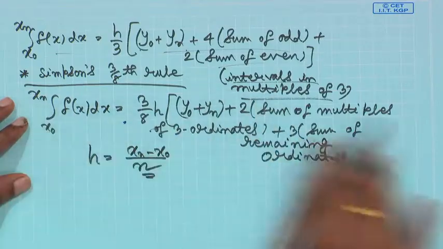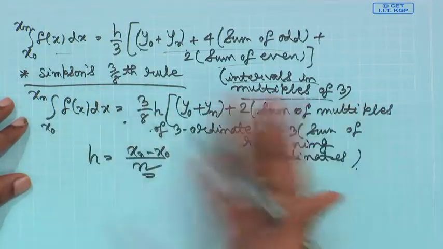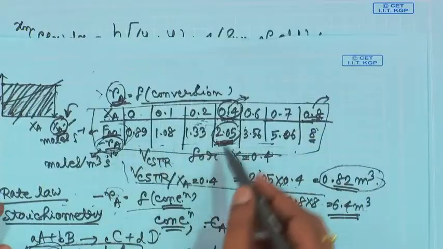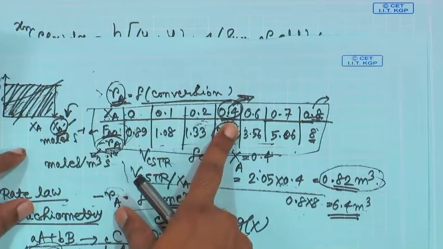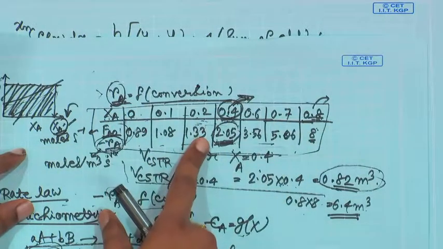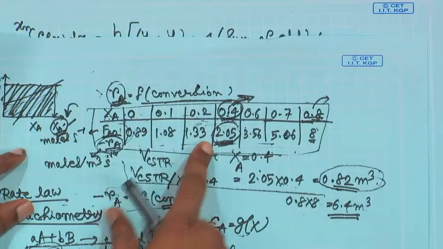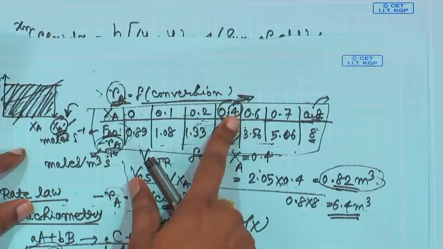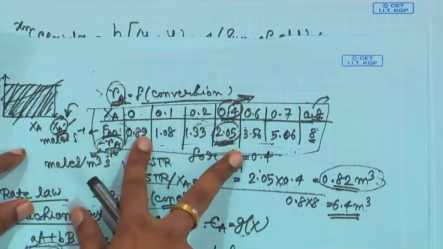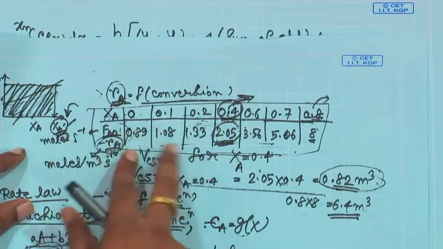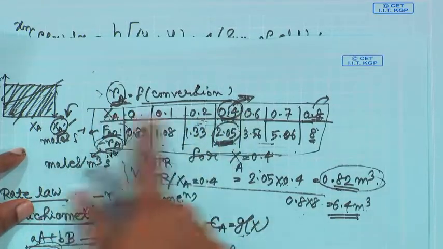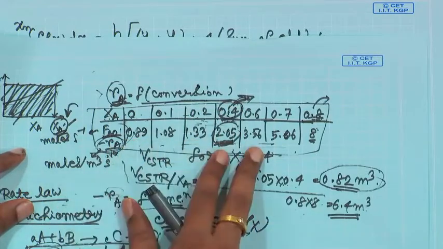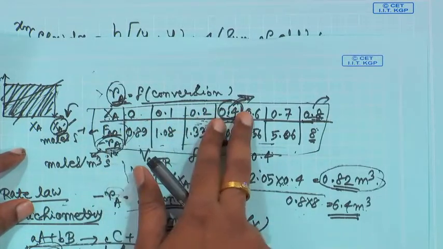So, if you can manage to split the whole range in the problem, suppose you are talking about 0.4, where you are trying to find out from this particular table the plug flow reactor volume for a conversion of 0.4, or 40%. Then you can divide this whole range into 2 equally spaced intervals, 0 to 0.2 and 0.2 to 0.4.